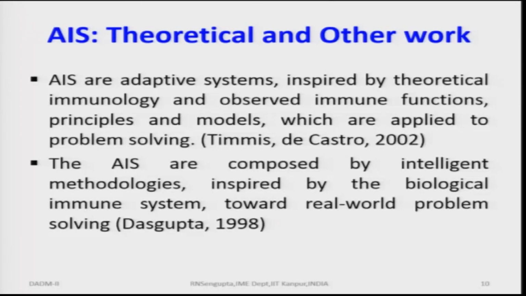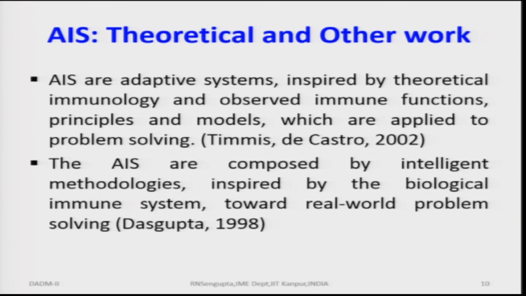Now, with a very simple background I have discussed the general framework of the immune system. I am not going into the biological details, and I may not have been able to give as thorough an understanding as a doctor or a biologist would, but I have tried my level best to give a good background. So, the artificial immune system is an adaptive system which adapts itself.